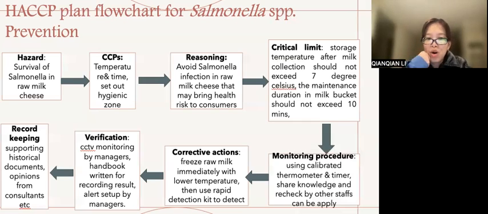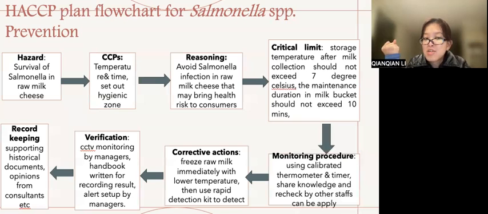The reason why we choose this CCP is to avoid Salmonella infection in raw milk cheese that may bring health risks to consumers from cross contamination of staff, humans and animals. The critical limit is the storage temperature after the milk collection, which is the milking process, should not exceed 7 degrees Celsius.